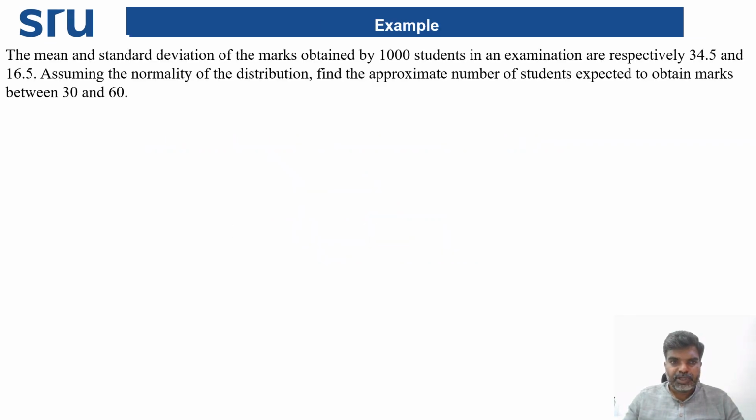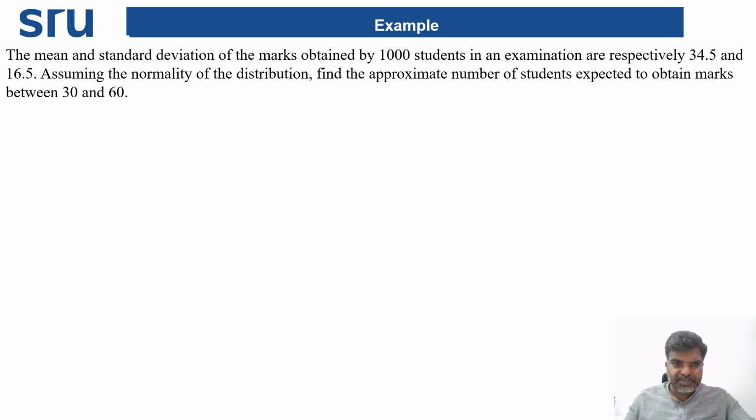In this example, for the 1000 students, mean mark 34.5 and standard deviation 16.5 are given. Now we have to find the total number of students between 30 and 60 marks. To find this, first we write the given values.